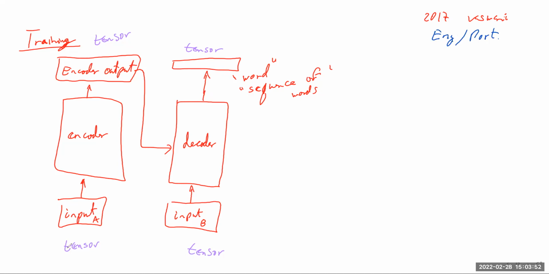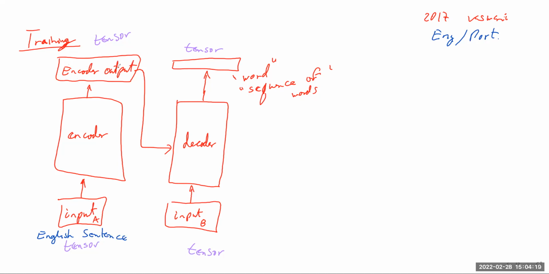So here in this one, we have the English sentence. That's the input. The English sentence then goes through a whole bunch of transformations, and then it is encoded into a specific vector of a specific size that you can define. You define what the size of the dimensions of the tensor are.